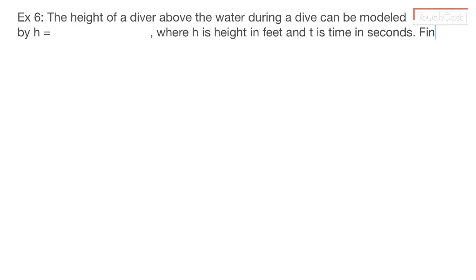We want to find the time it takes for the diver to reach the water.